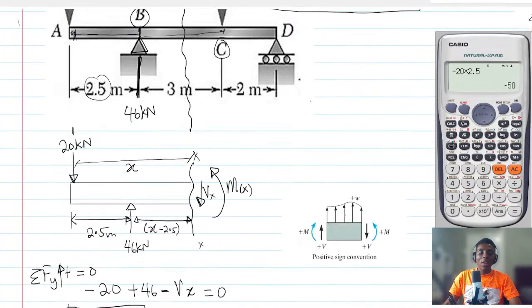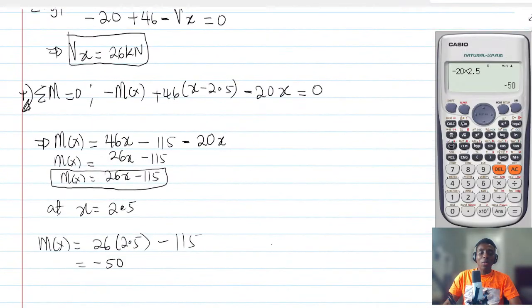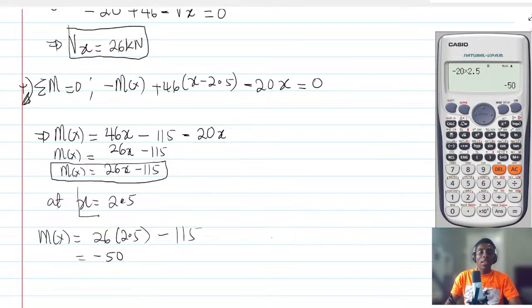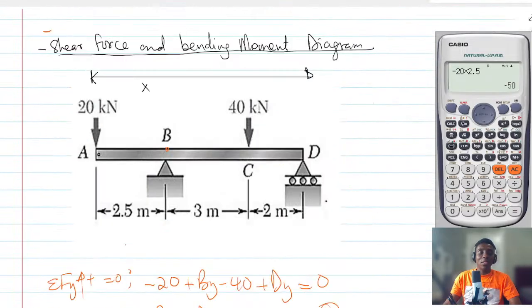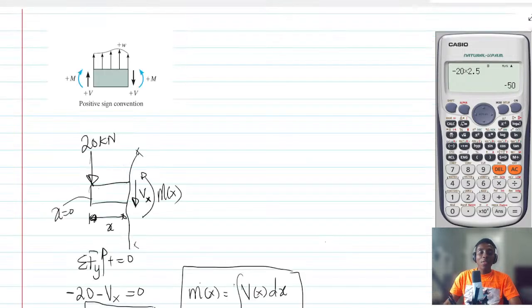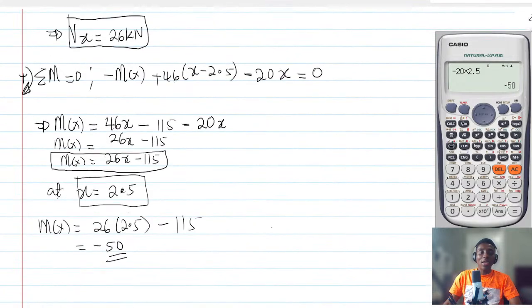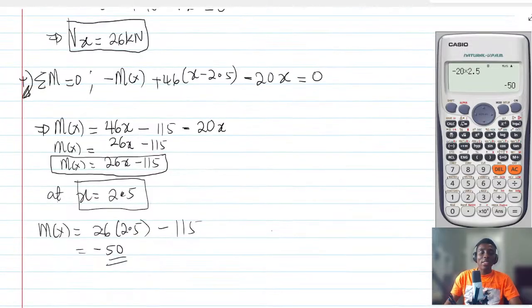Even with the second one, if we put in x equals 2.5, you see that we are getting minus 50, which is true, because x equals 2.5 is point B. Now, if you want to get the moment at C, we'll use x equals 5.5.